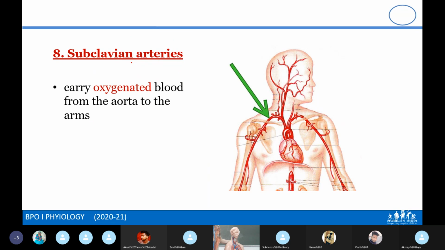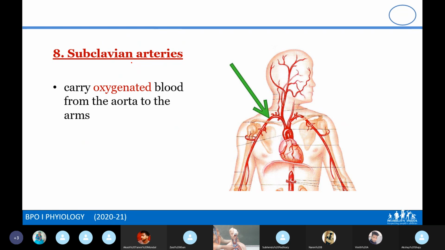So next, from the arch of aorta, from the heart, blood goes to the brain with the help of two main arteries. Remember, here we are discussing major blood vessels, the main important or larger blood vessels. Smaller ones we are not discussing.